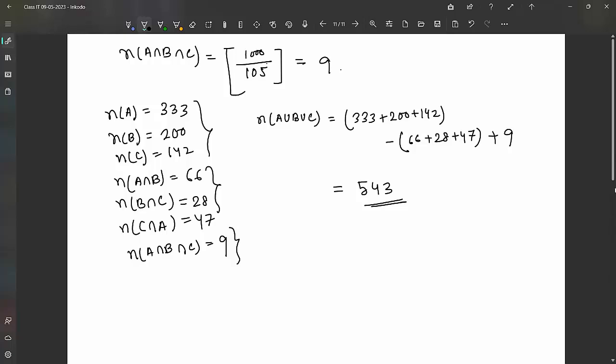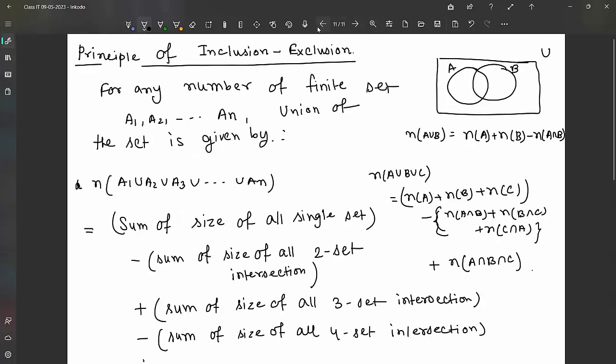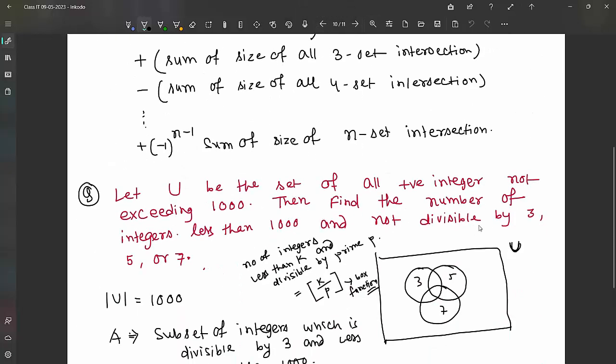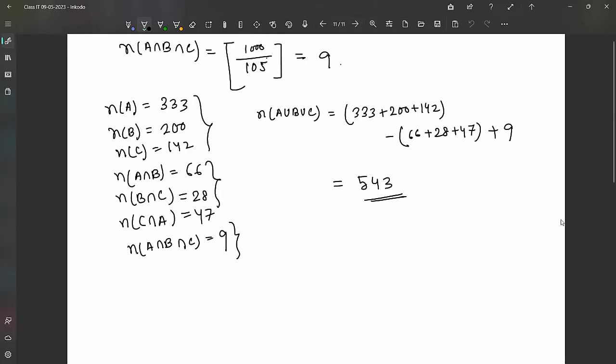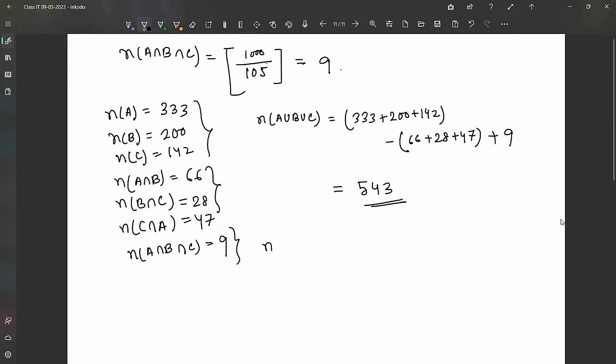And what is our requirement? Our requirement is a number which is not divisible by 3, 5 or 7. The required value is N of A complement intersection B complement intersection C complement: not divisible by 3, not divisible by 5, and also not divisible by 7.